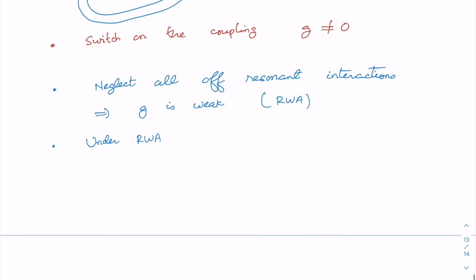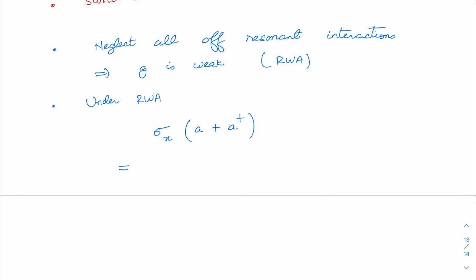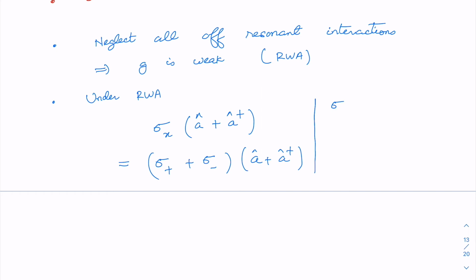Under the so-called RWA, we can write the last term in the Jaynes-Cummings Hamiltonian, sigma x times a plus a dagger, in this form. Let me explain that. Sigma x is equal to 0 1 1 0. This we can write as 0 1 0 0 plus 0 0 1 0.